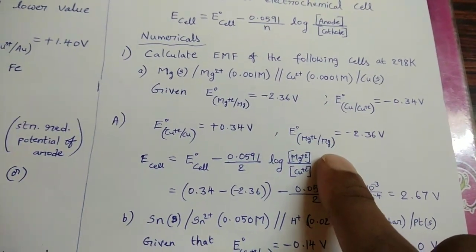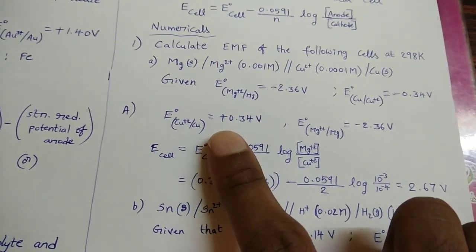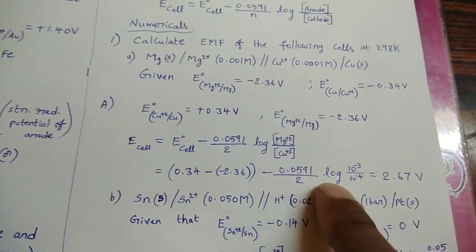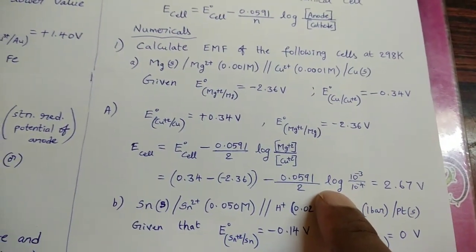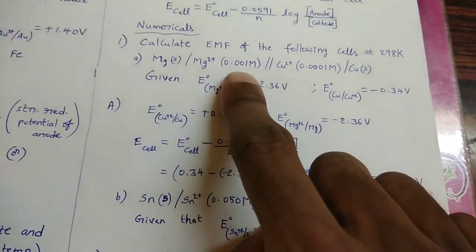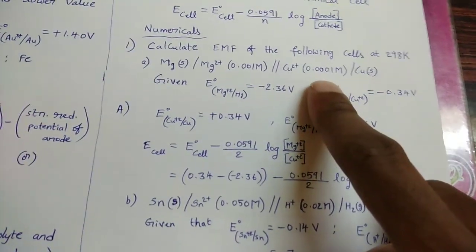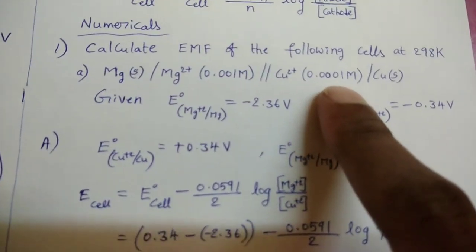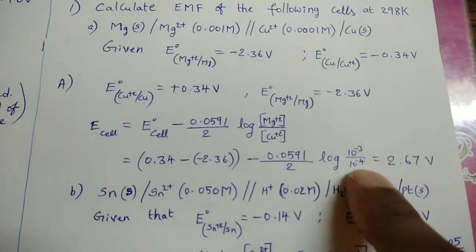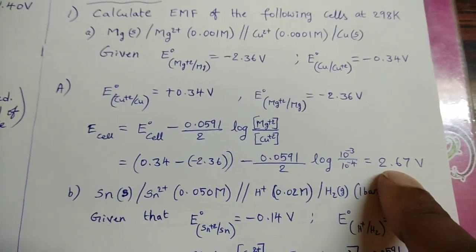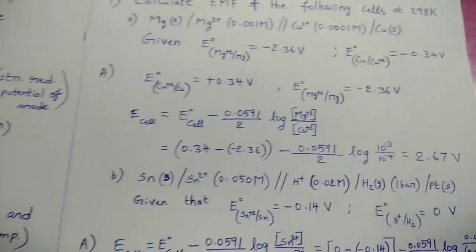Magnesium loses 2 electrons, and 2 electrons are taken by copper ions to convert into copper. So n value is 2, log of magnesium ion concentration, given in the question 0.001, we can write 10 power minus 3, and copper ion concentration 0.0001, we can write 10 power minus 4. Finally we get the positive value 2.67 volts.